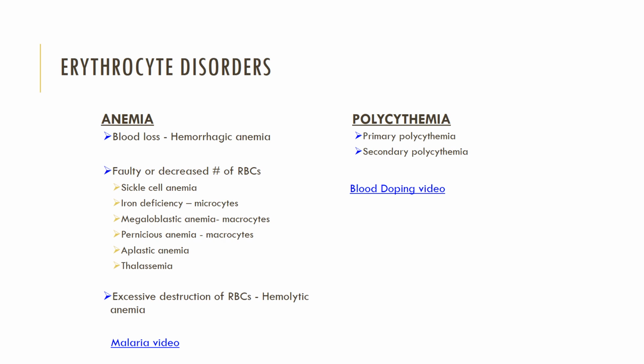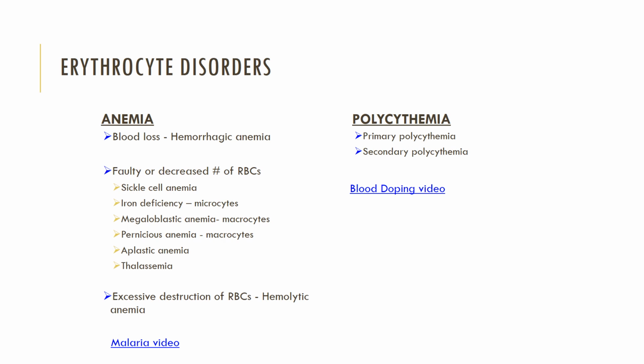Pernicious anemia is where there is a decrease in the total red blood cell numbers because vitamin B12 may be deficient, or there could be a deficiency of intrinsic factor for vitamin B12 absorption, and this produces macrocytes.